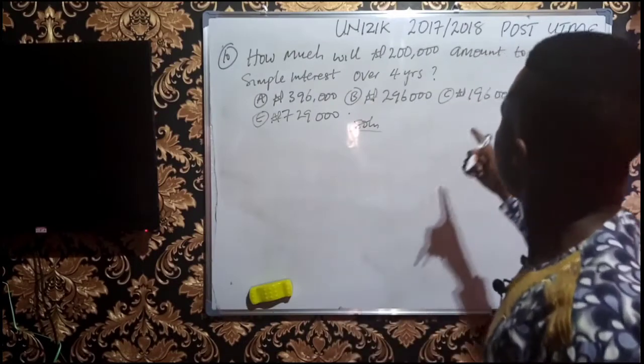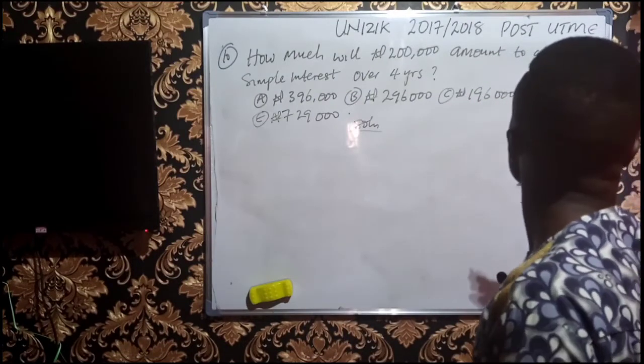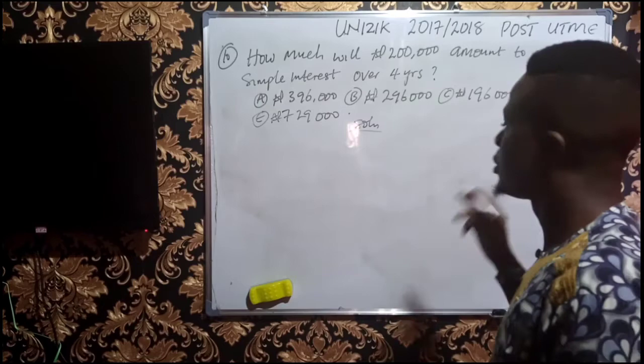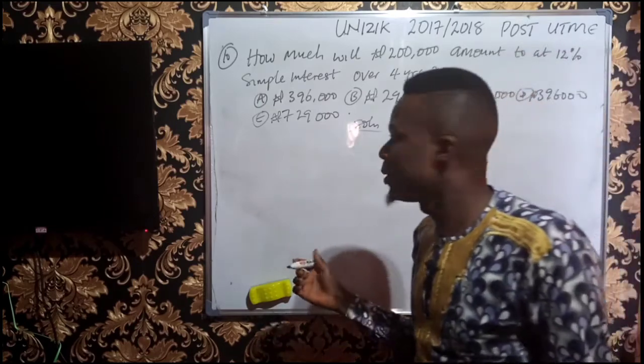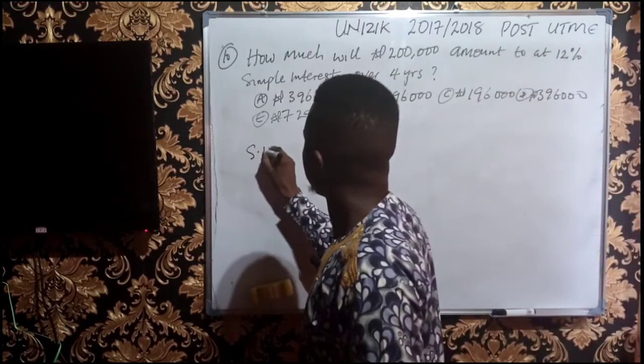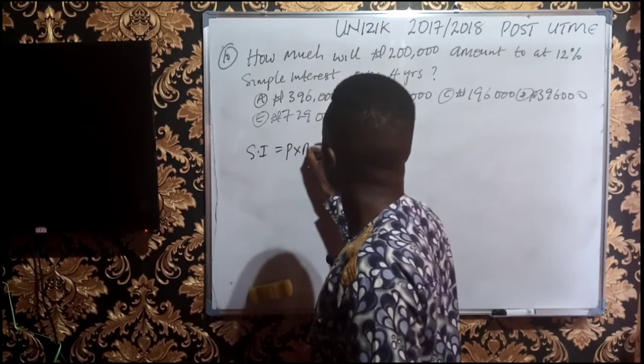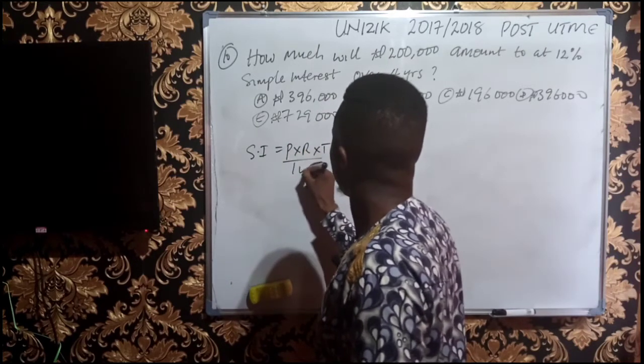Let's take the next one. The 10th question says, how much will 200,000 naira amount to at 12% simple interest over 4 years? This is simple interest, and simple interest is principal times rate times time all over 100.